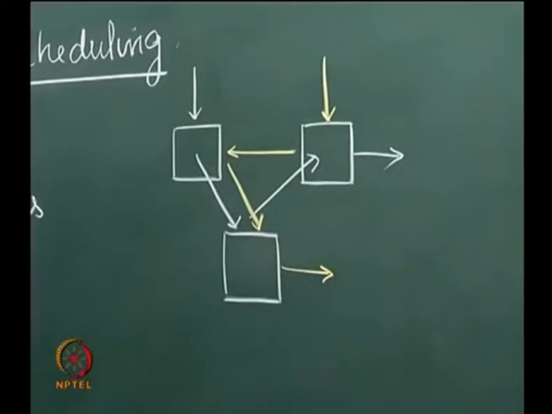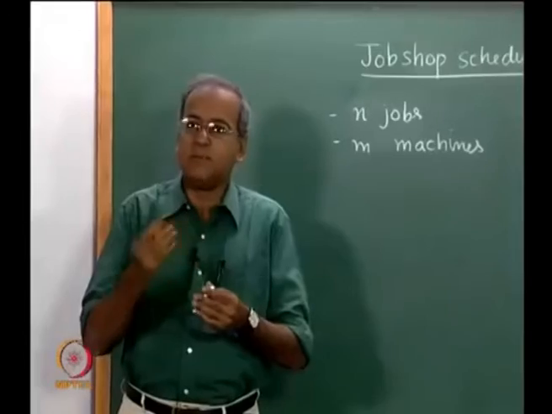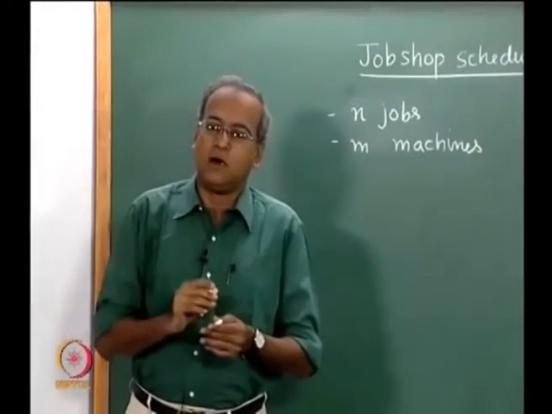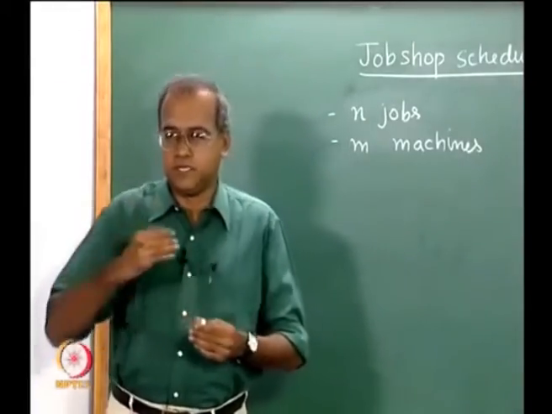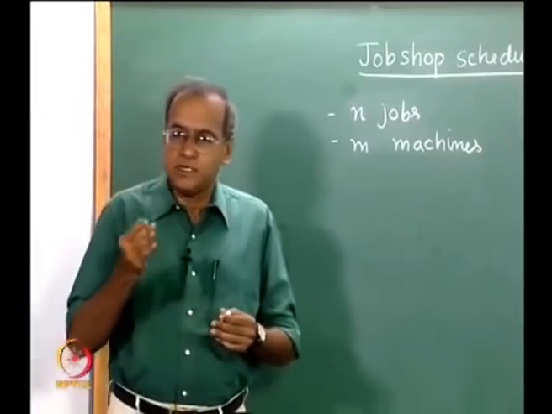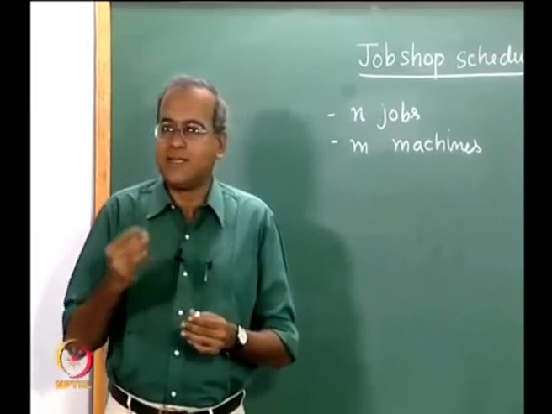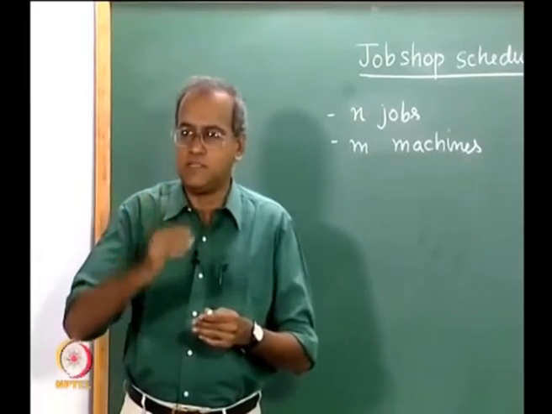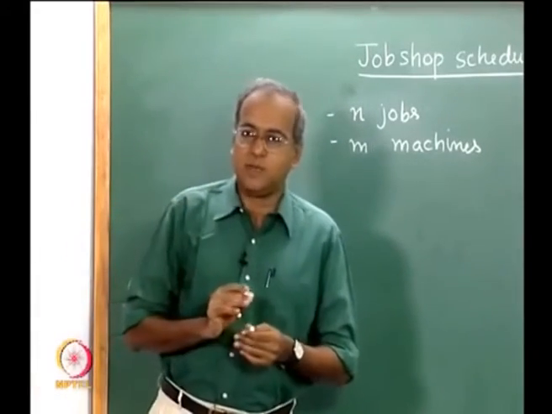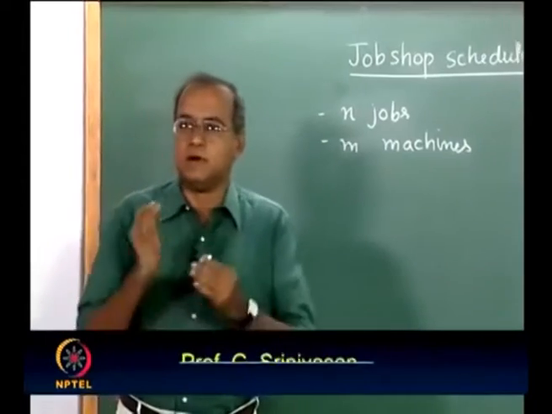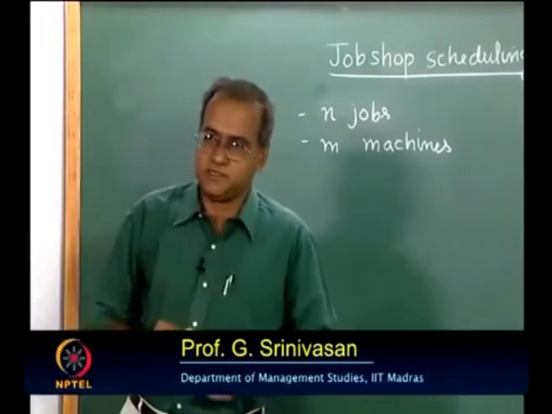So, in a job shop each job has a pre-specified route or order of visit of the machine. It is also not absolutely necessary that all the jobs will visit all the machines. A job can visit a subset of the existing set of machines.